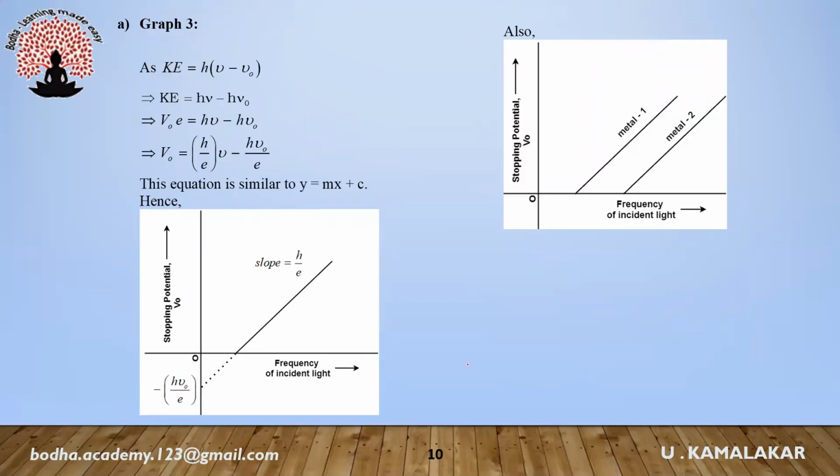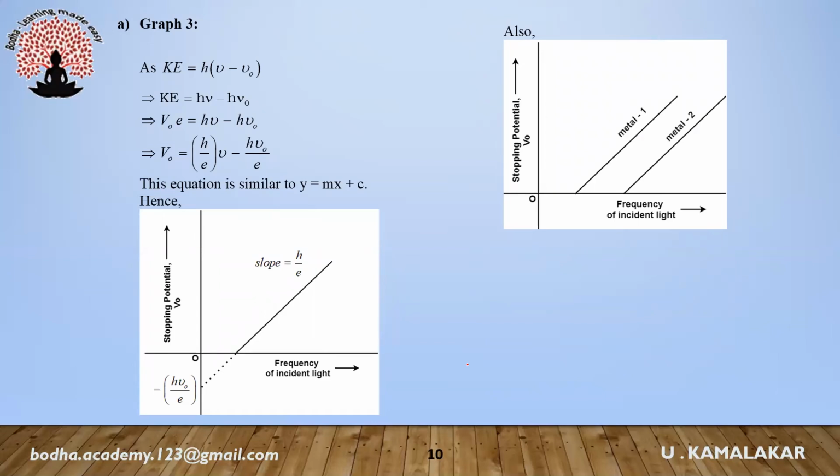Third graph. Again, kinetic energy equals h into (nu minus nu naught). On expanding and simplifying, we get V naught is equal to (h by e) into nu minus (h nu naught) by e, where V naught is stopping potential, nu is frequency of radiation. This equation is also similar to y is equal to mx plus c.